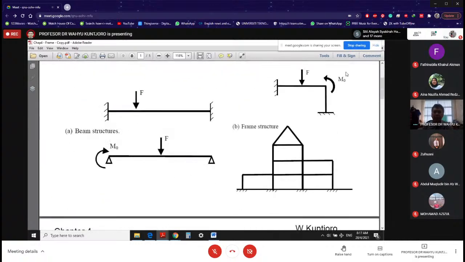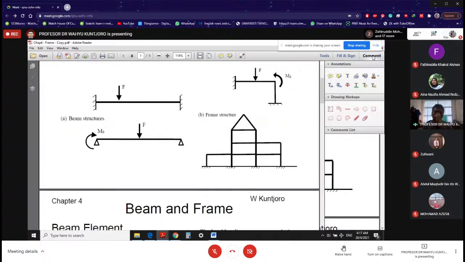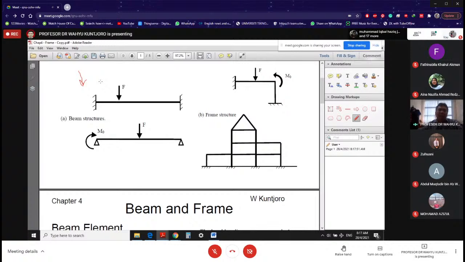so this is the beam. Then you realize that this beam here looks like a bar. It is a straight line, but of course you will notice that the force is what we call transverse force. And the consequence of having transverse force is that you will have shear and also bending.